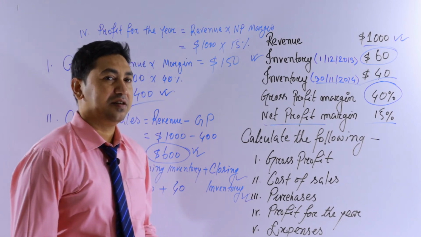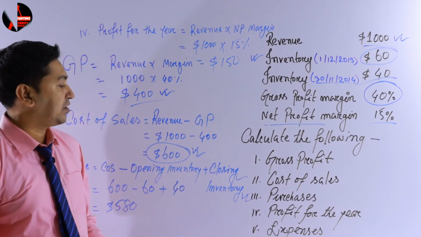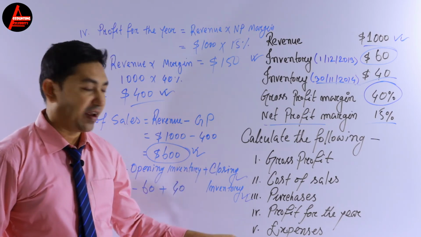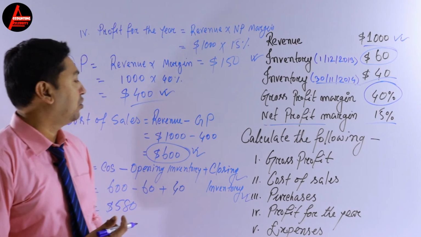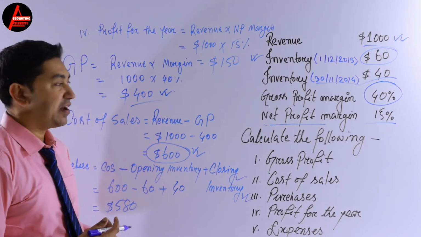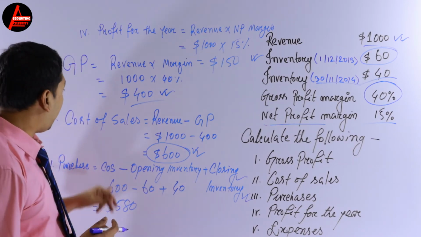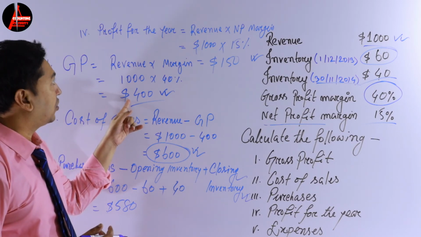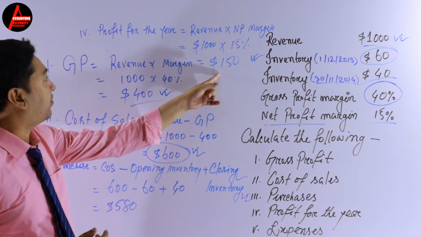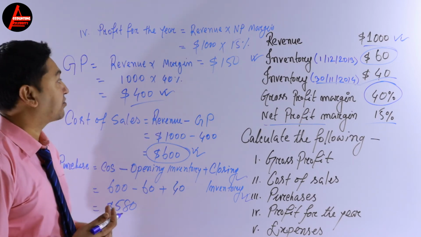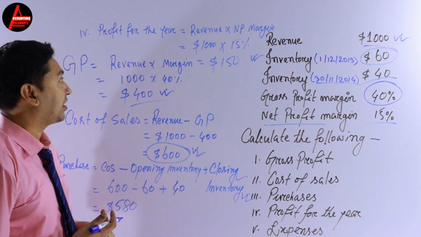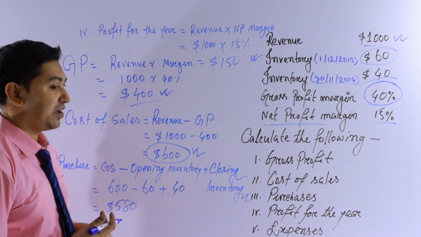Easy, yeah? Okay, so last one is expense. We need to calculate expense here. So how to calculate expense? We have here gross profit, yeah. So we have here our profit for the year. If we subtract our profit for the year from gross profit, we can calculate our expense.